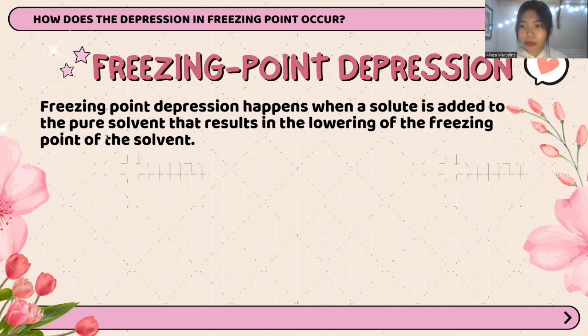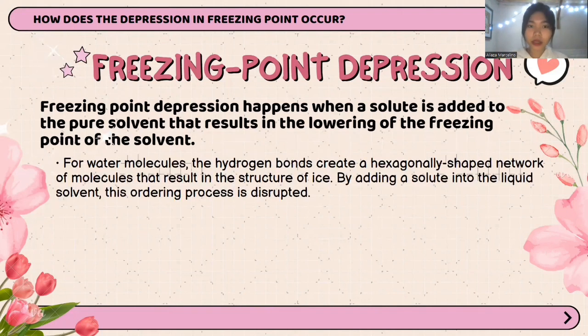Because when a pure solvent freezes, its particles move slower and become more ordered as the intermolecular forces that operate between the molecules become stable. For water molecules, the hydrogen bonds create a hexagonally shaped network of molecules that result in the structure of ice.